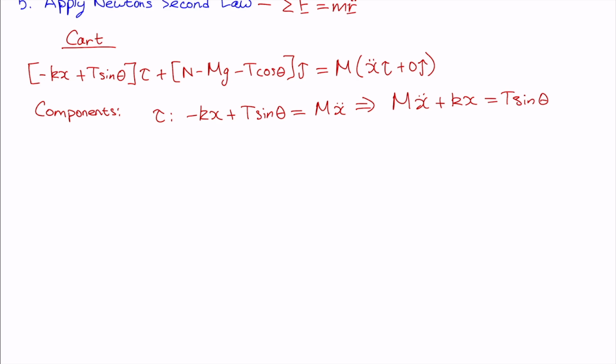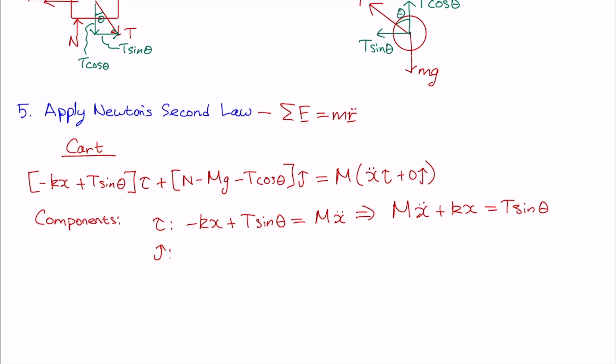All right. So now that we're done here, let's look at what our equation in the j direction gives us. Oh whoops, sorry, I skipped ahead here. I was looking at the pendulum. So let's look at our forces here.